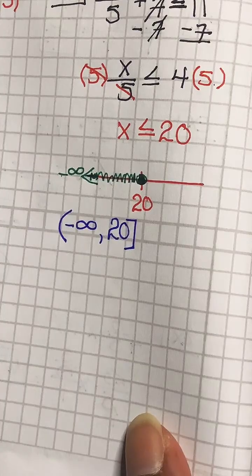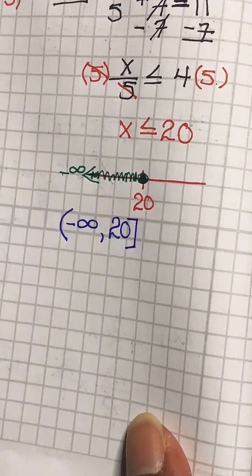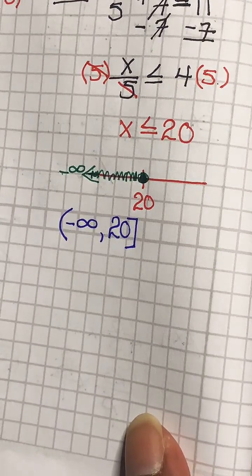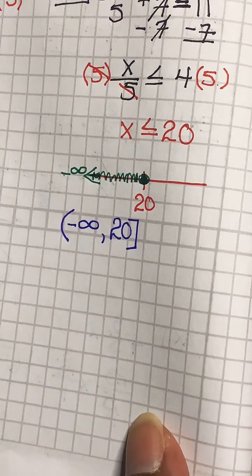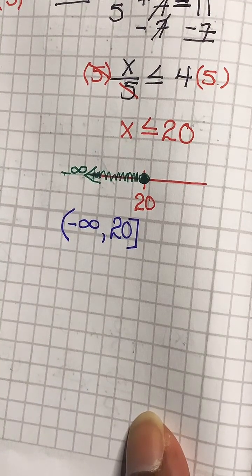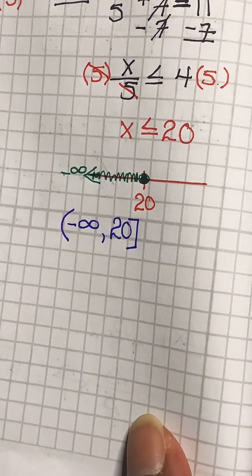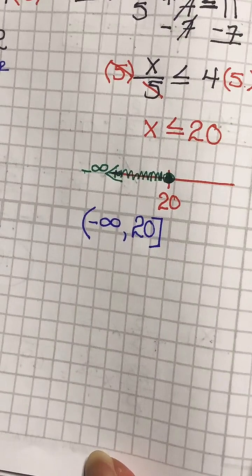It's only when you're multiplying or dividing by a negative number. It doesn't matter when it happens. It can happen in the first step, the third step, or the fifth step. But no matter when it happens, anytime you multiply or divide by a negative, you have to change the direction of the inequality sign. And then we learned a little bit with the interval notation, okay?